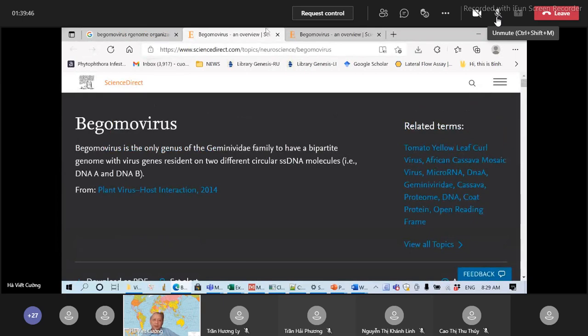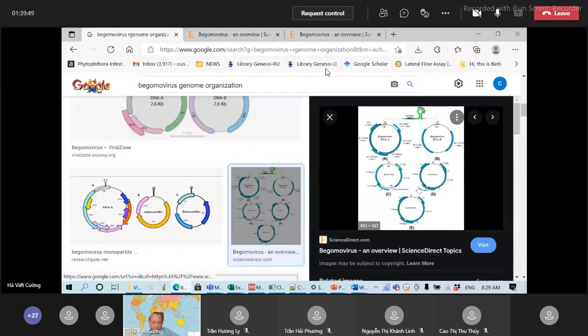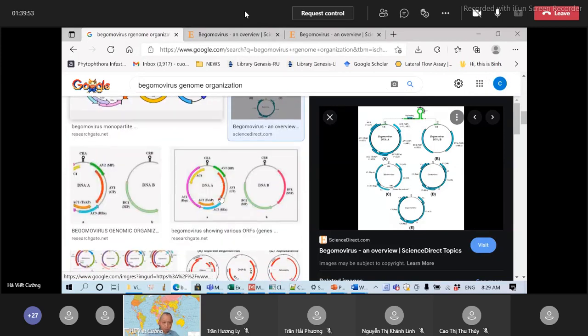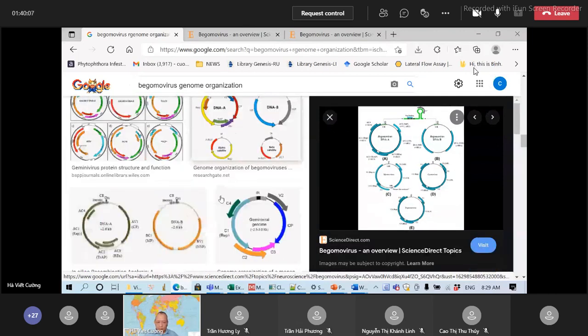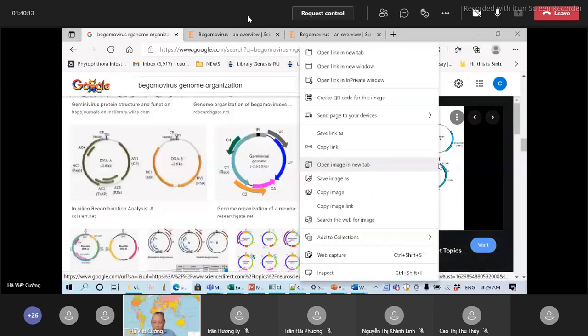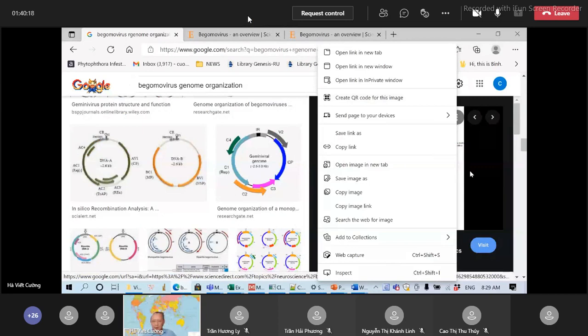No picture. Sorry? Open what? Open in new tab. Okay, in new tab.